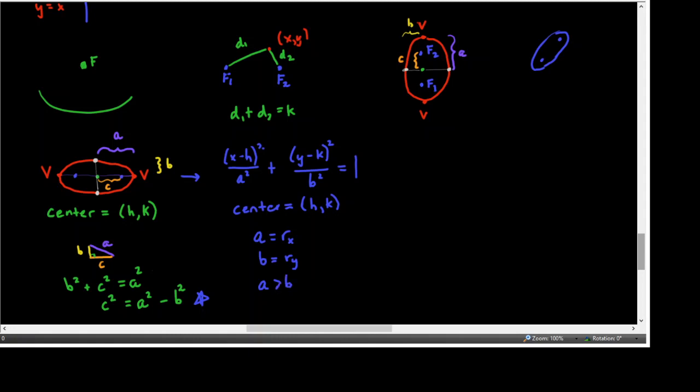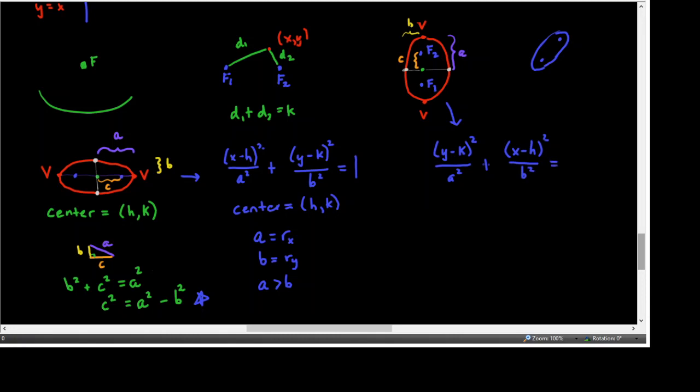Okay? Now, the equation when the major axis is vertical is y minus k squared over a squared plus x minus h squared over b squared equals 1.